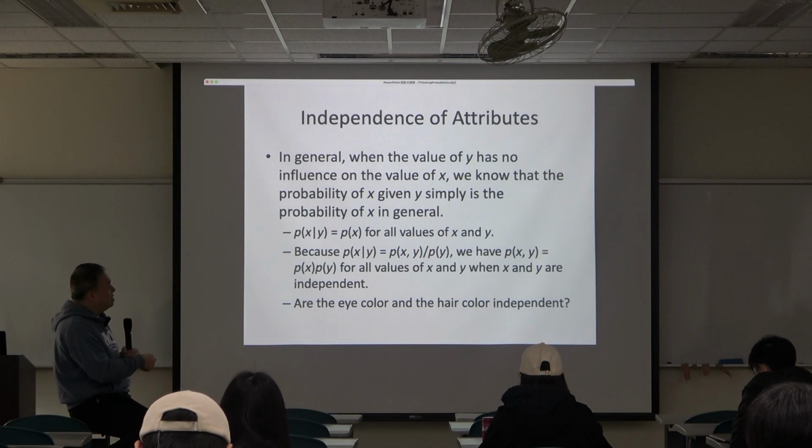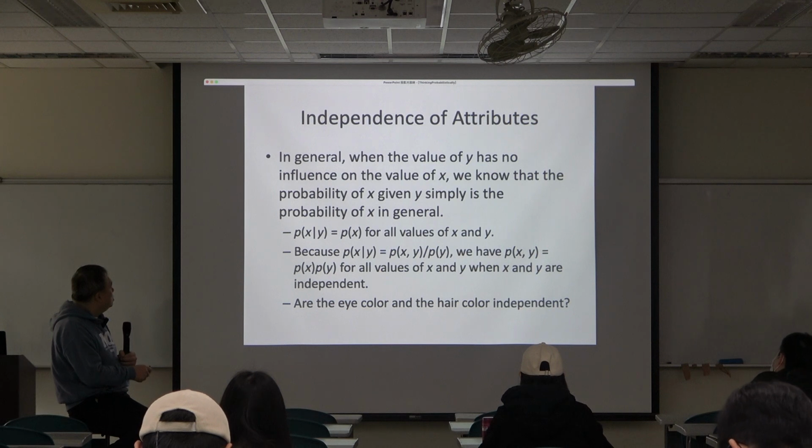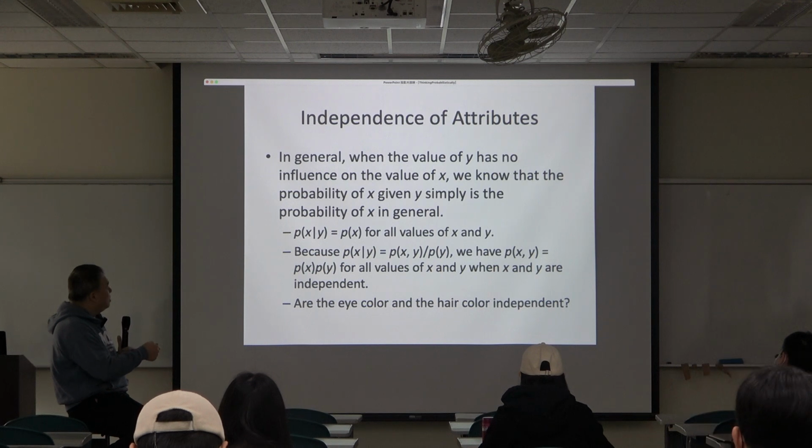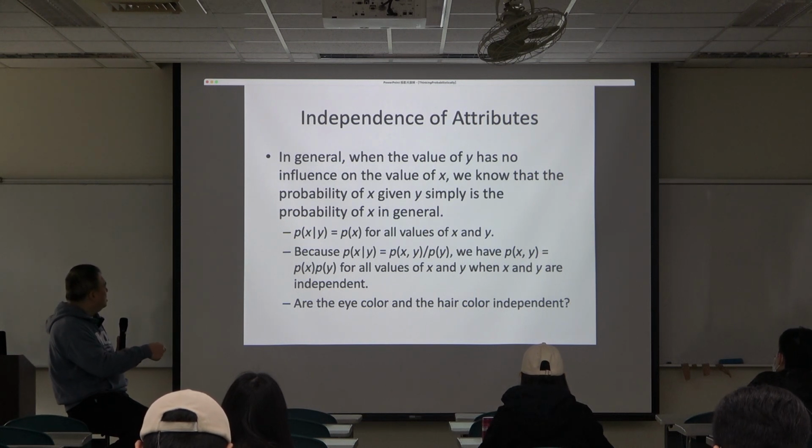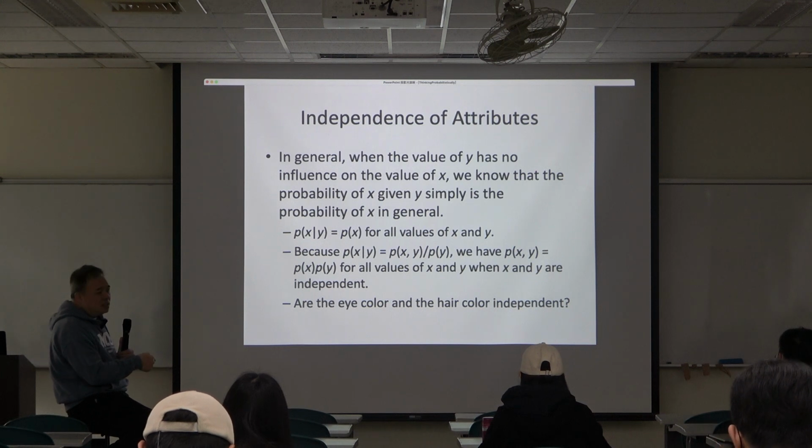So a few terms to get out of the way. For example, what is the independence of variables? In general, when y has no influence on x, then the probability of x given y is just the probability of x.